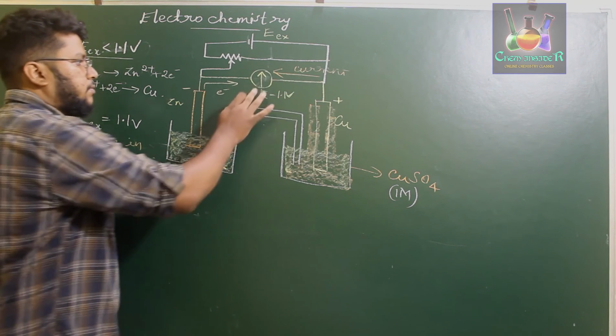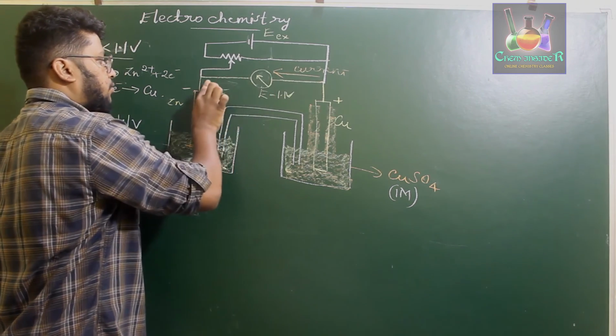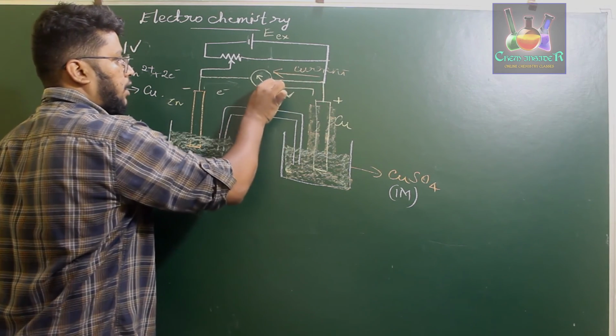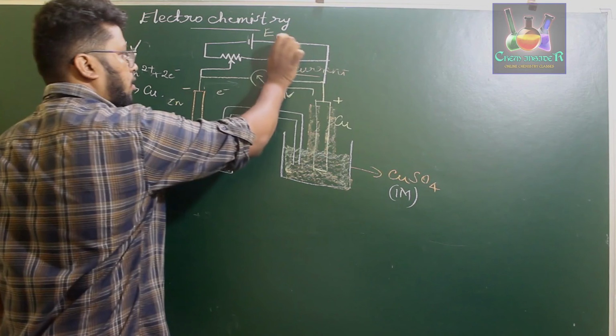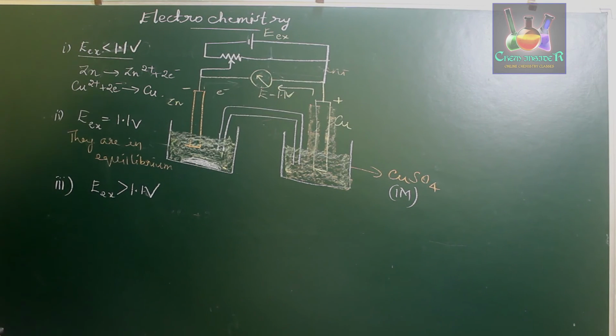Therefore, electrons start to move from the positive end to the negative end. So when you apply an external potential greater than the potential generated in the Daniell cell, the electrons will be flowing in the reverse order.